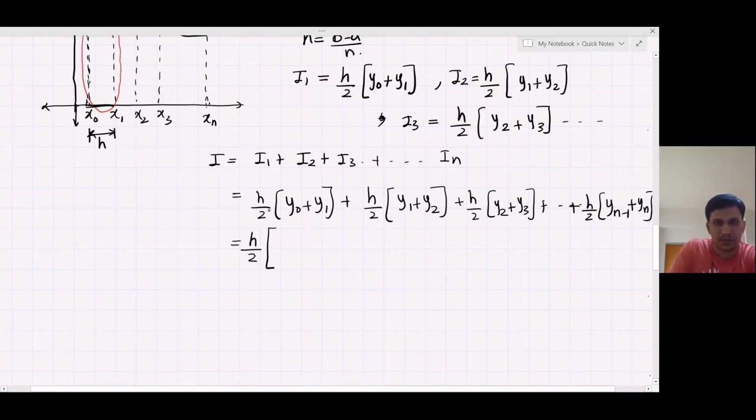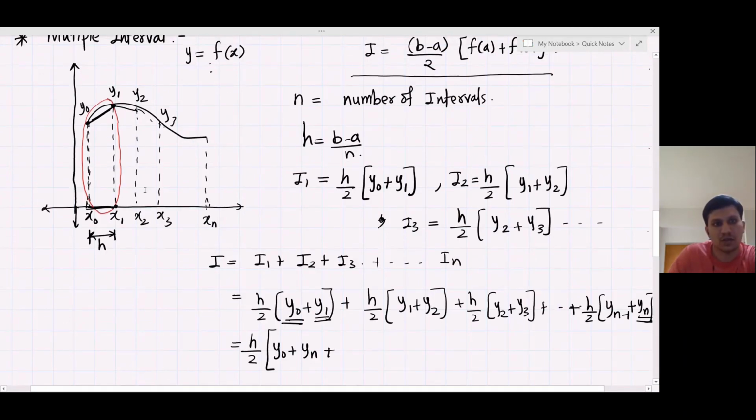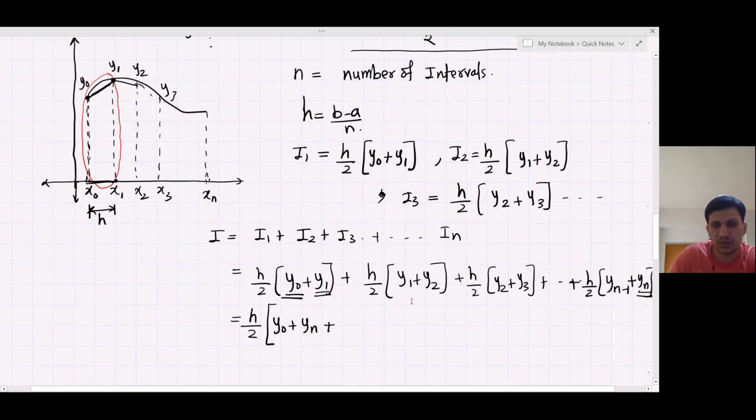Observe that the end points y naught and yn come only one time. So we can write y naught plus yn. But y1 is common to this trapezoid and the adjacent trapezoid, so it comes two times.